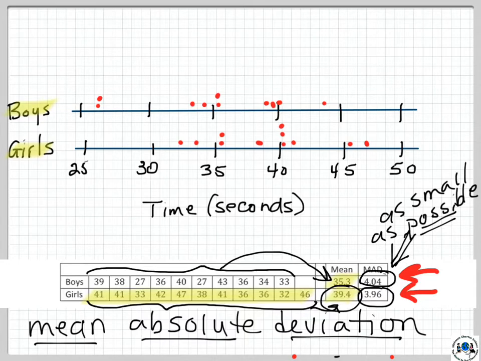So if we look at these two dot plots up here and compare them, you can see the girls is rather symmetrical, ranging from, I think, 32 to 47. There's quite a bit of symmetry here: 1, 2, 3, 4, 5 on this side, and then the other 6 are on that side of the 40, 41.